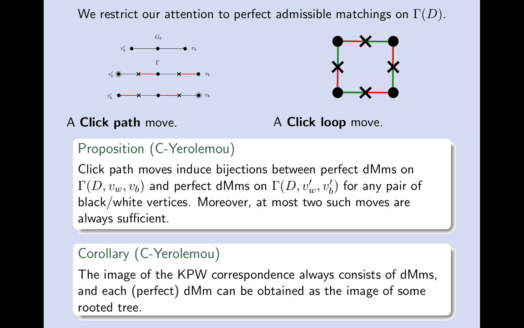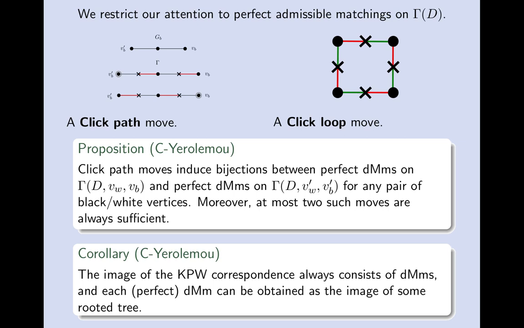What we're claiming here is that in all cases, for any choice of forbidden regions, we still get a bijection with a set of discrete Morse matchings for which those two are the forbidden regions. So the correspondence here goes both ways. Each discrete Morse matching, if it's perfect and admissible, comes as the image of some spanning tree from the KPW correspondence.